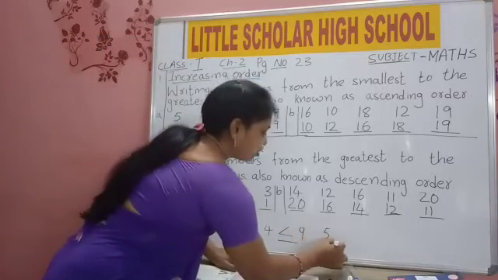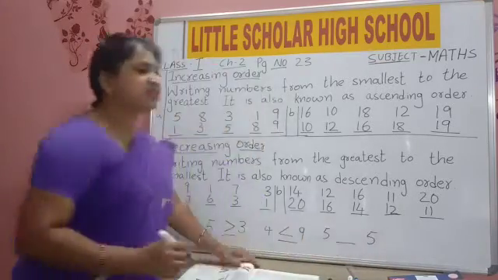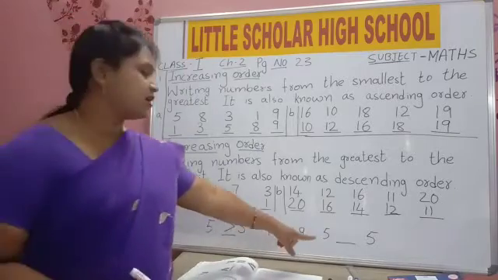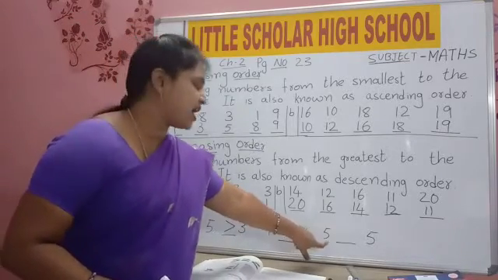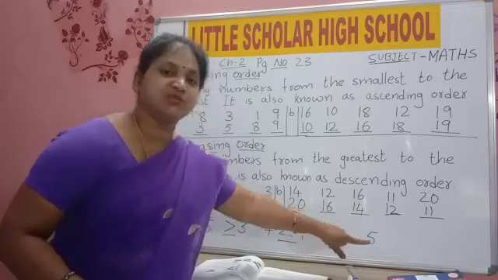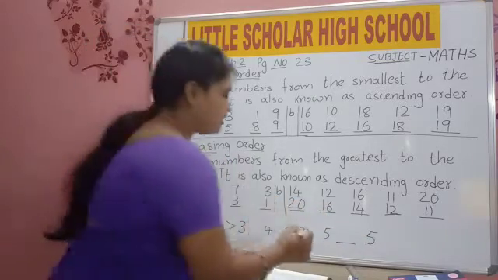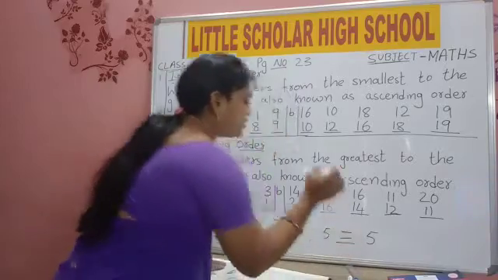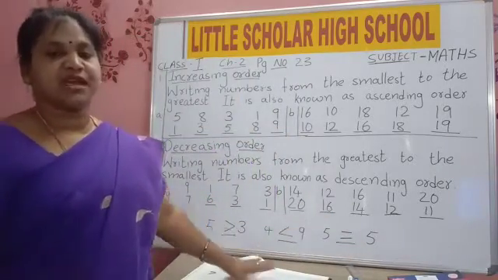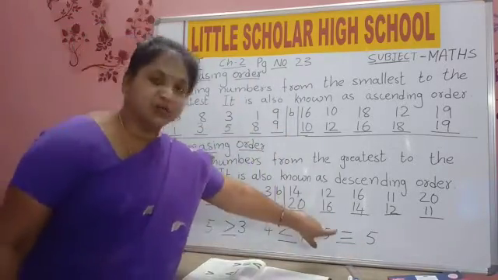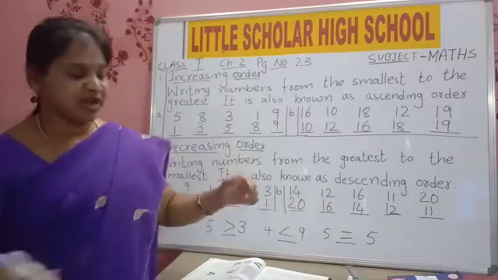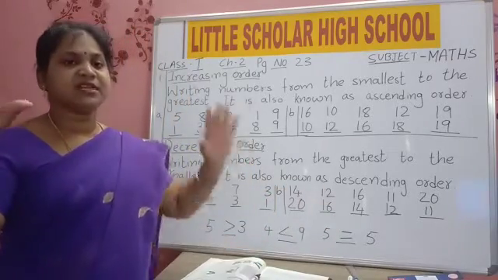Suppose I will give one more example to you. Now which sign you will write, dear children? Both the sides. Read out the number 5, 5. Both the sides we have same digits. So we will use equal to sign. Which sign is this? Equal to. Because both here also 5, here also 5 chocolates.